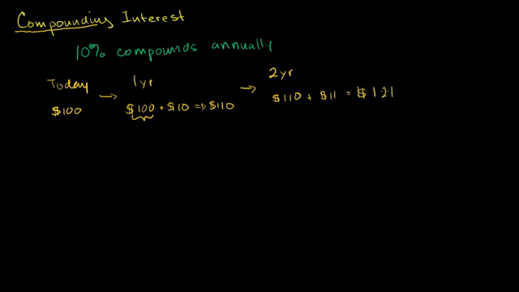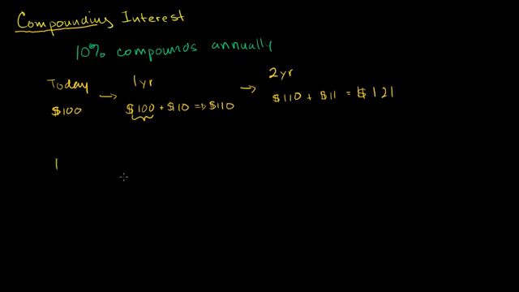And I could just keep doing that. The general way to figure out how much you have after, let's say, n years is you multiply. Let's say this is my original deposit, or my principal, however you want to view it. After 1 year, you would just multiply it by 1.1. Actually, I don't want to be too abstract.